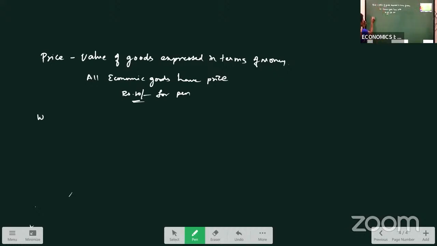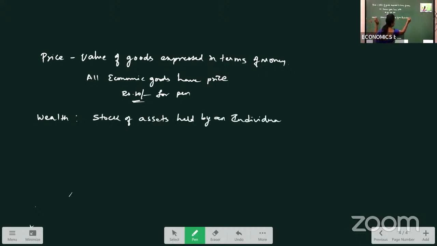One more 2 marks question we have, like yesterday we discussed wealth. Wealth means what? It is the stock of assets held by an individual or institution.